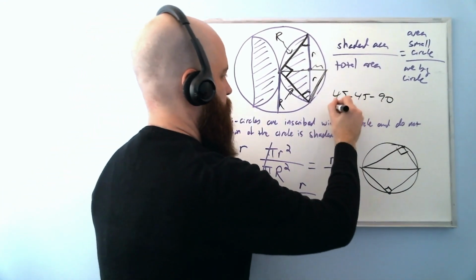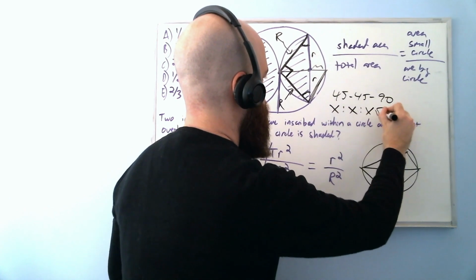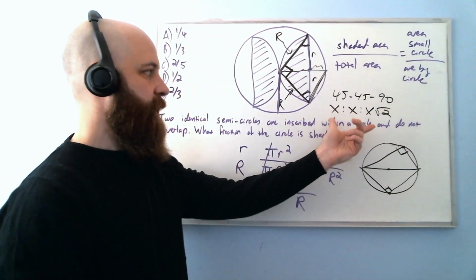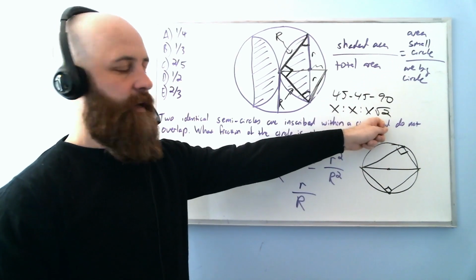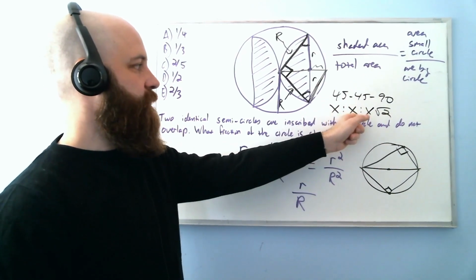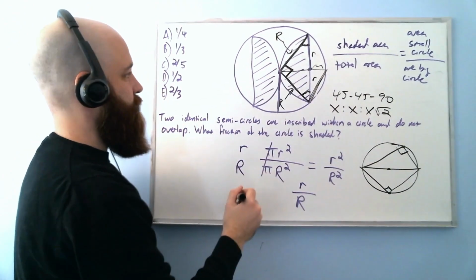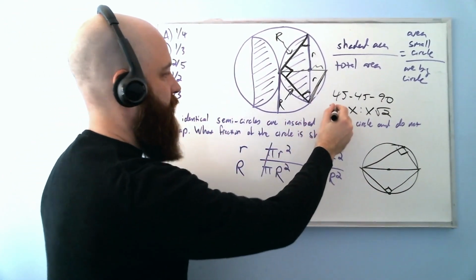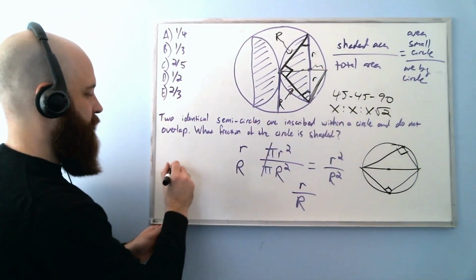Now, the great thing about a 45, 45, 90 triangle is the sides have this ratio: x to x root 2. X root 2, longest side, that's the hypotenuse. These are both the legs. So in this 45, 45, 90, what is x equal to? X is equal to big R. So I'll move over here.